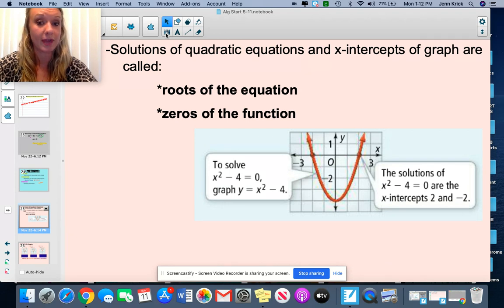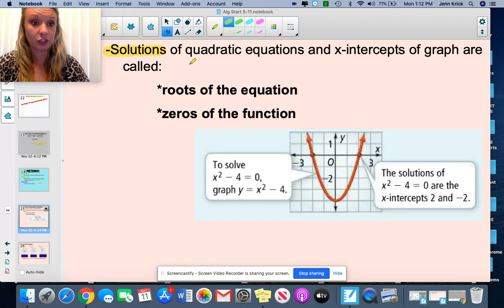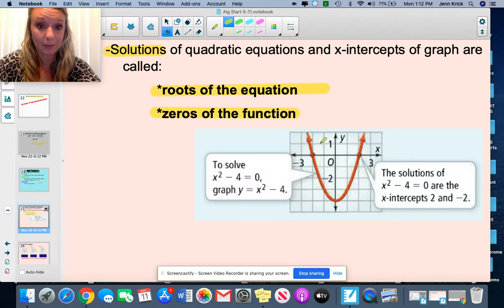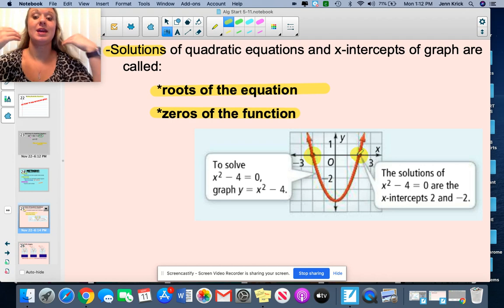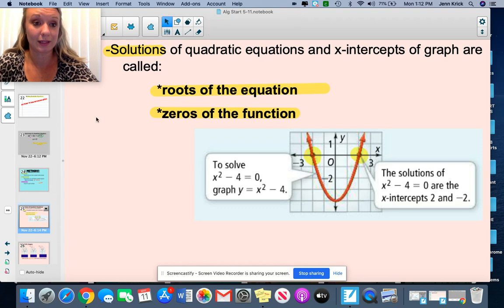This is new vocabulary for you. So when you solve a quadratic function, you could call those solutions roots of the equation. You could also call them zeros of the function, okay? Because when we look at this graphing method, the solution would be here and here. That's where they hit the x-axis, and that's kind of leading us into our method number 1.